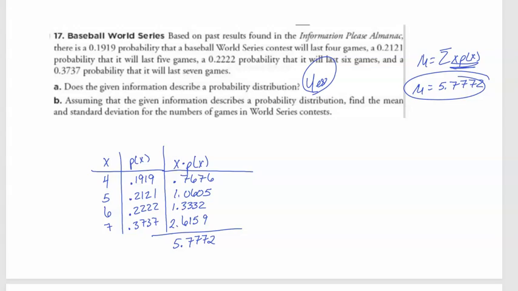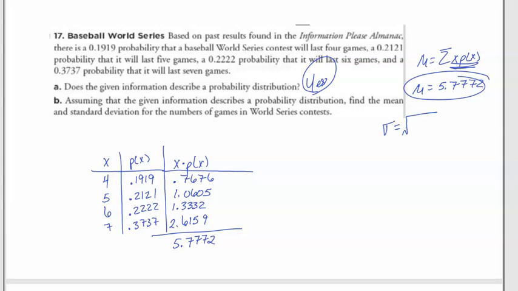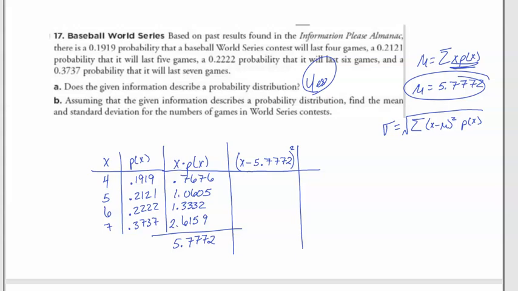So now let's find the standard deviation. Standard deviation is the square root of the sum of x minus the mean squared times p of x. So I need to take x minus the mean, and our mean is 5.7772. And then I'm going to take that value and square it. And then I'm going to multiply that by p of x.